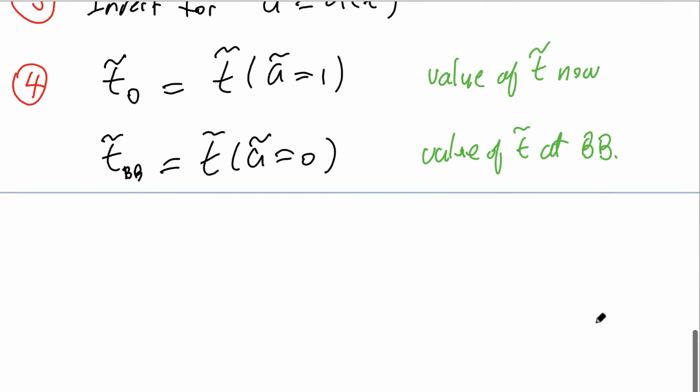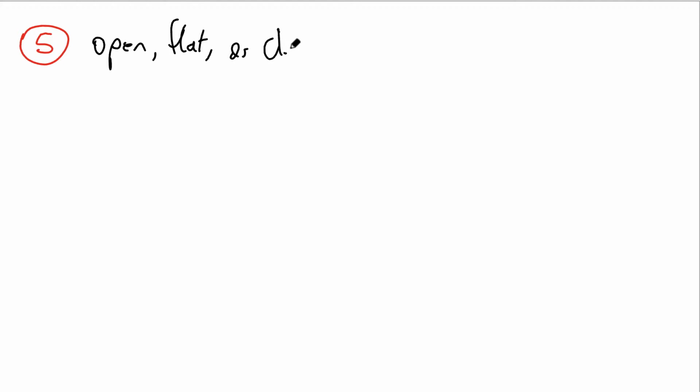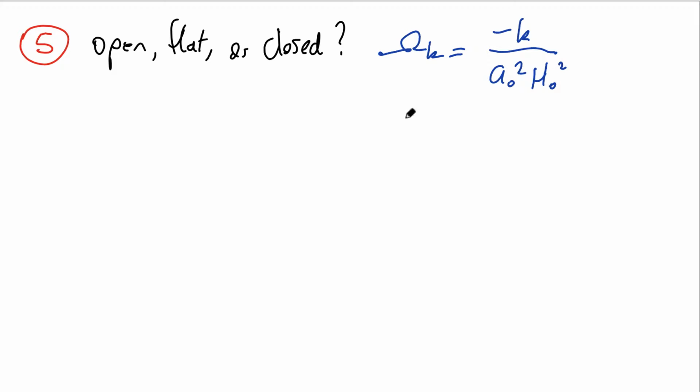The next step is to determine whether this model cosmology is open, flat, or closed. And we do this by examining omega k. So remember, omega k is defined to be minus k divided by a0 squared times H0 squared.